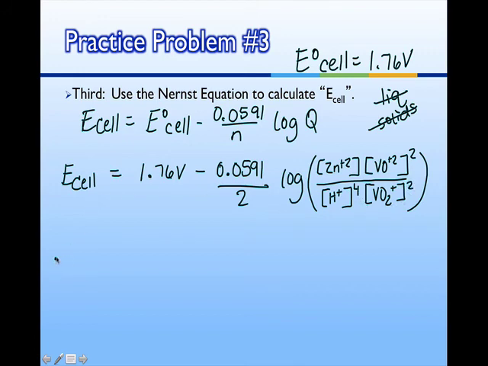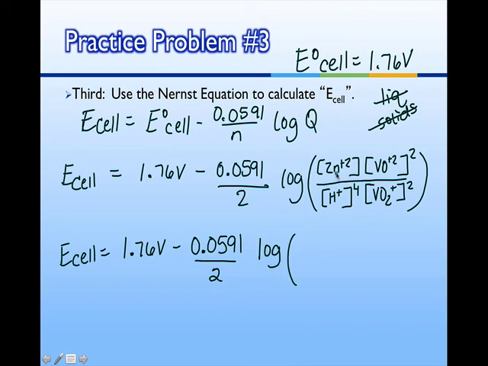So what I'm going to do is rewrite this, and plug in the concentrations that they gave us. I can't see them, but you should be able to look up at the question and see where we're pulling these numbers from. If I look up the concentration of the zinc ions, it's 0.1. So this is going to be 0.10 molar, and I don't do anything to it. Then I look up the VO 2 plus. Make sure you get that one, not the other one, because they look very similar.